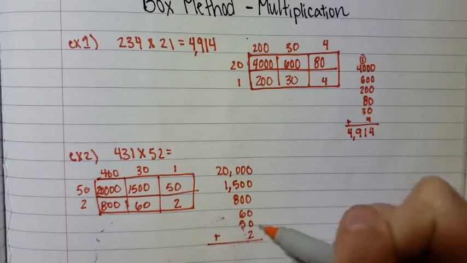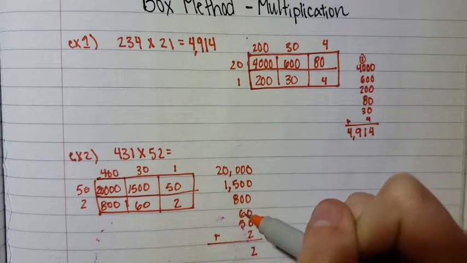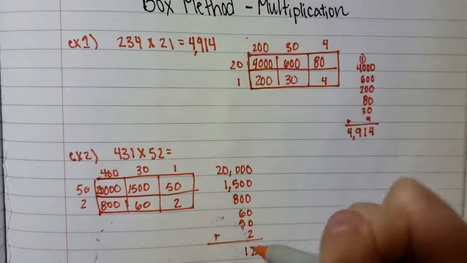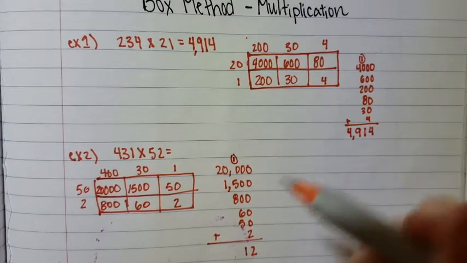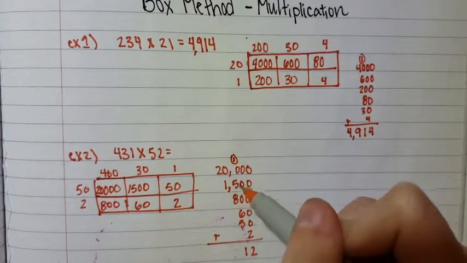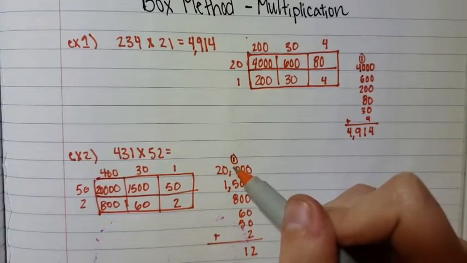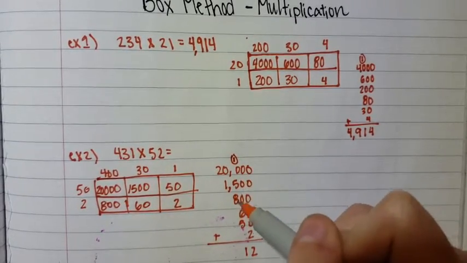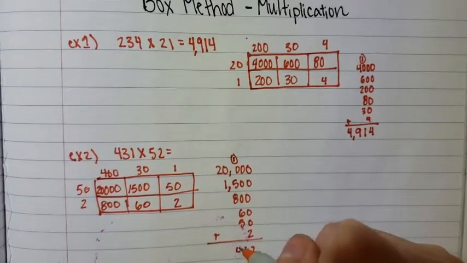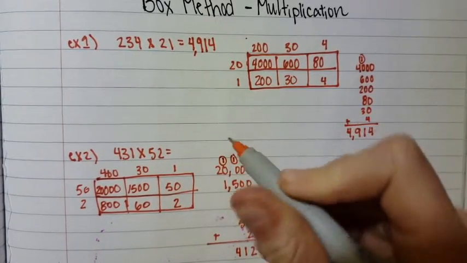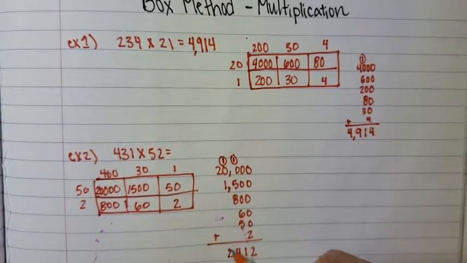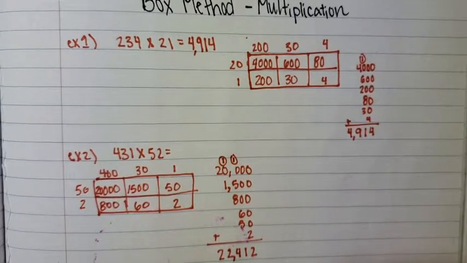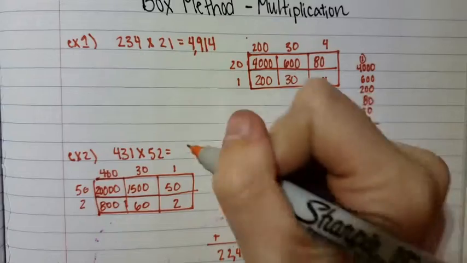So 0 plus 2 is 2, 6 plus 5 is 11, put down 1, carry a 1, 8 plus 5 plus 1 is 14, put 4 down, carry a 1, 1 plus 1 is 2, and bring down the 2, and your answer is 22,412.